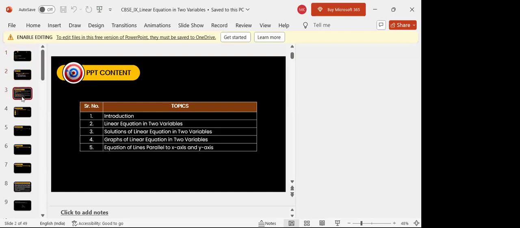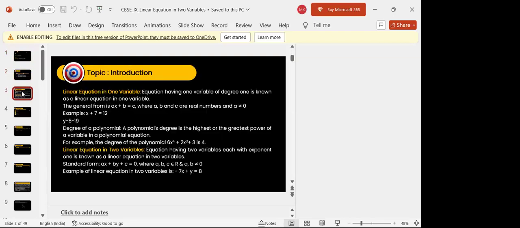So we'll have a few things which is there for your TIMO exam. You can read the linear equations in one variable. Here we have linear equation of two variables.